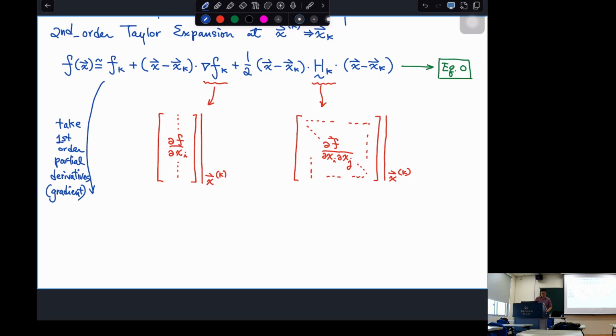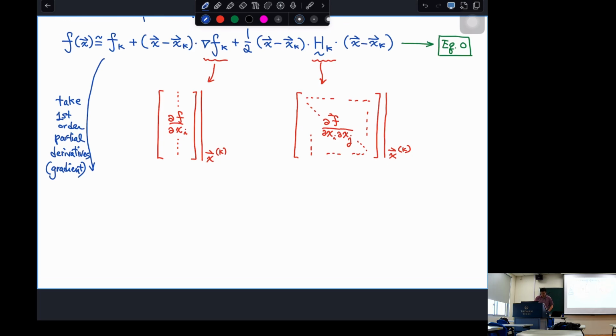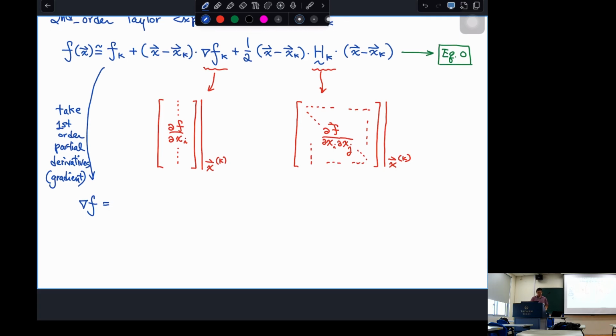If you do that, you will have gradient f equals to, okay, when you take first order derivatives, all the constant terms disappear, right? What are the constant terms? This is a constant term, and this one is a constant term, and inside the Hessian you will have a constant term. So anyway, I just write down the result.